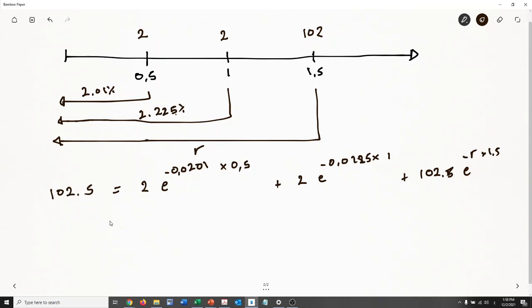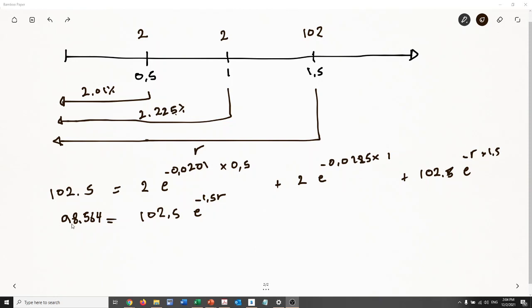So this will reduce to: we calculate the value of this part of the equation, and we calculate the value of this part of the equation. We take them to the other side. So we will deduct from 102.5 the value of this number and the value of this number.